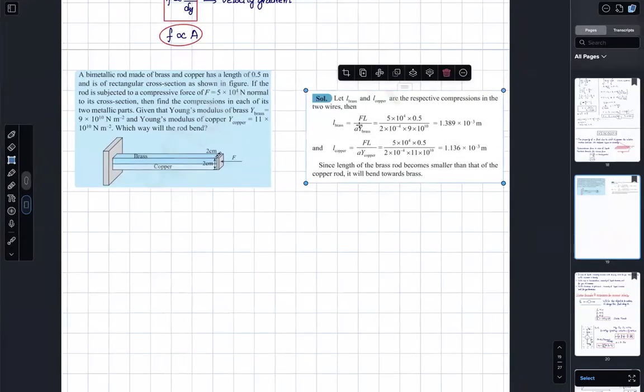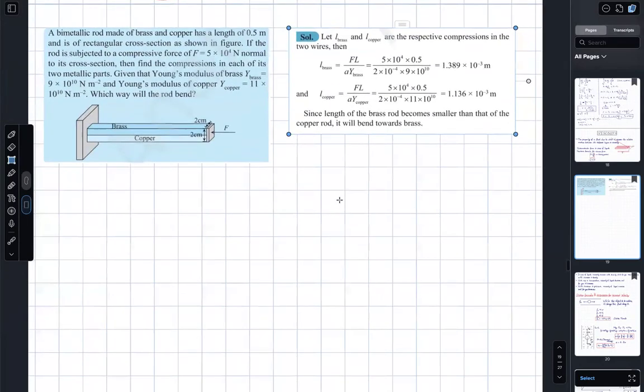Don't see the solution. You see a bimetallic rod made of brass and copper, with lengths given, and you have applied a compressive force. Remember, they are welded across the border. Now the question is about the brass length.